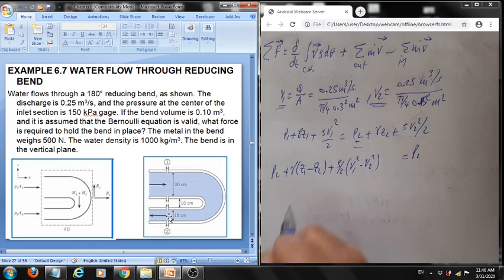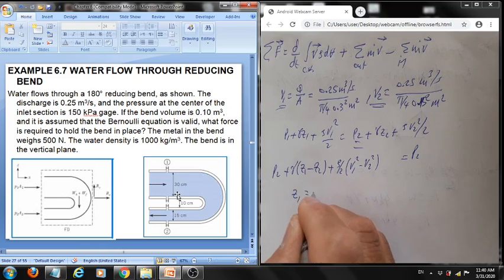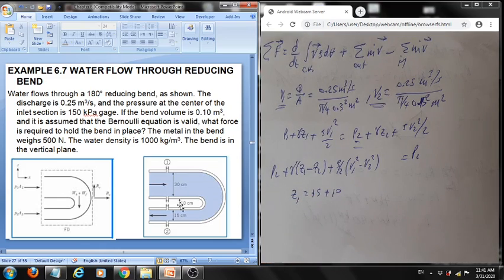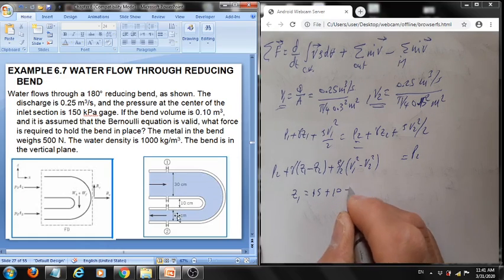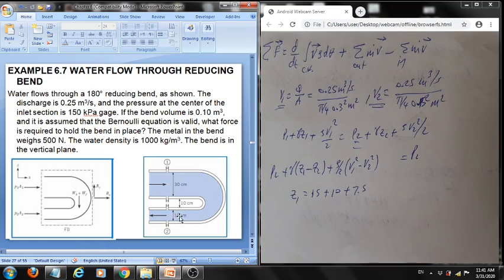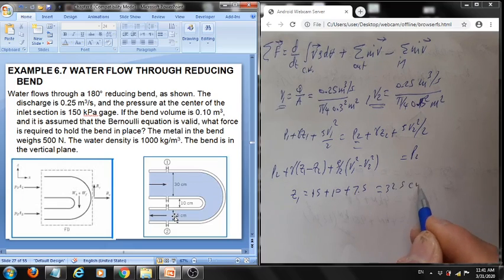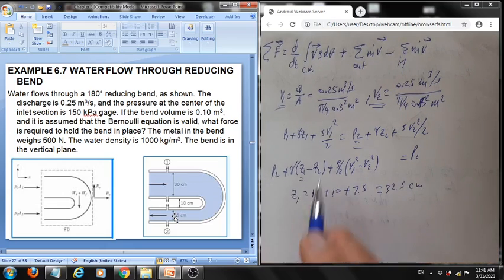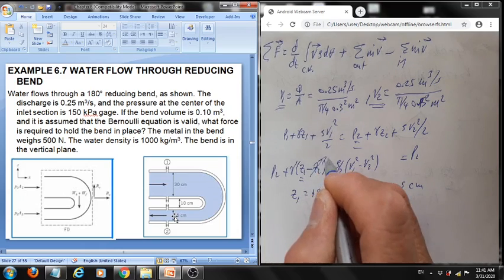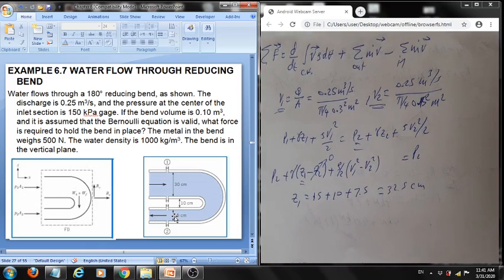So to compute Z1, which is this point at the center, we'll say it's half of the 30, which is 15 centimeter, plus the spacing, which is 10 centimeter, plus the 7.5, which is half of the distance here, and that will give us 32.5 centimeter. So this will be the value for Z1, whereas we have chosen Z2 to be 0.